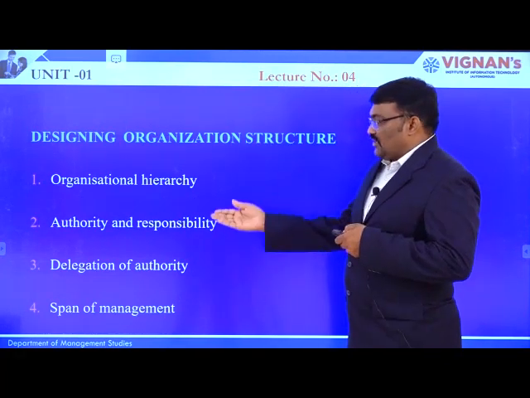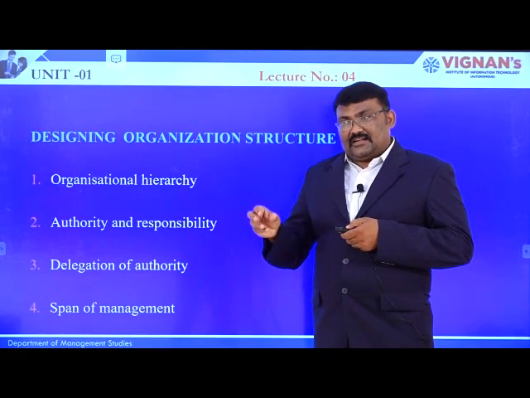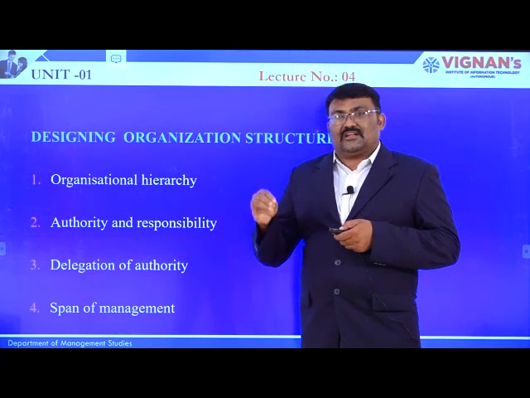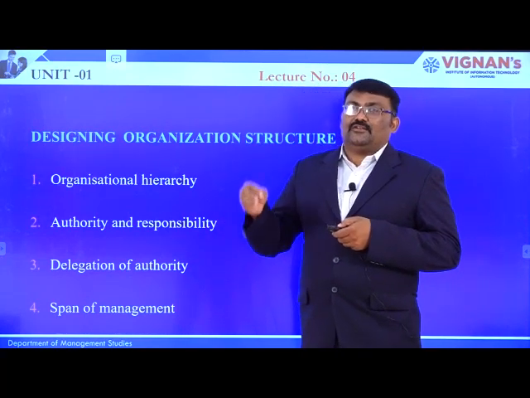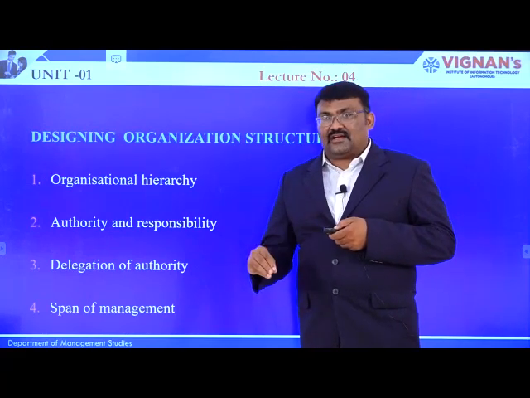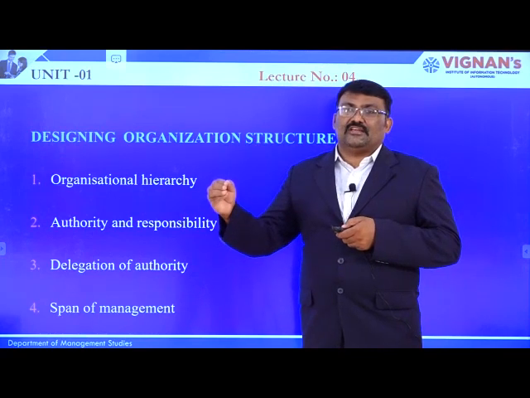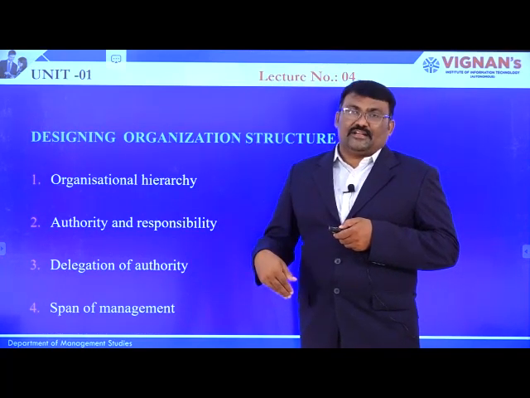That is what is called authority and responsibility. As a superior, when he has authority over the subordinate, he also needs to fulfill the responsibility, so that the subordinate will have respect towards the superior, who has more responsibility than the subordinate.